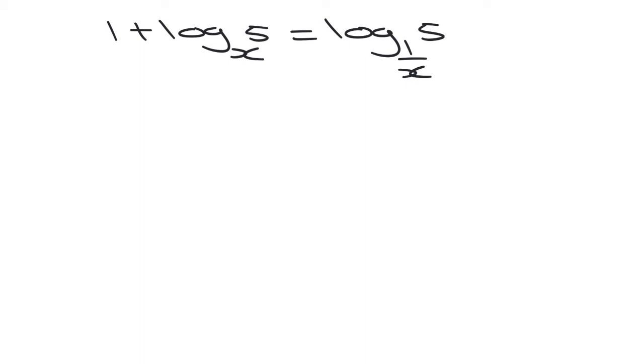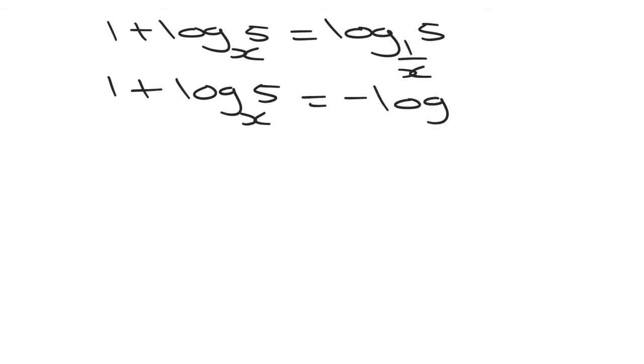We are going to rewrite this as 1 plus log 5 to base x is equal to, and here we're going to change the base using a rule of logarithm, so this becomes negative log 5 base x. Now we can take this negative log 5 base x to the left-hand side.